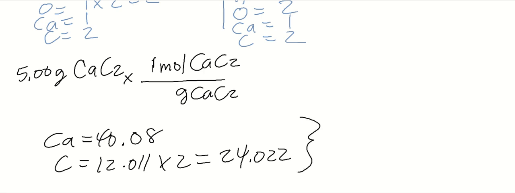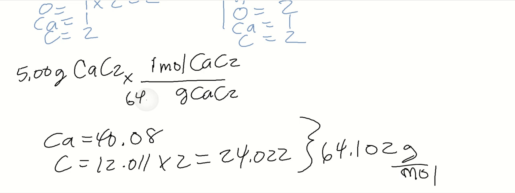Let's add them up. 64.102 grams per mole is the molar mass for calcium carbide. All right, let's put that 64.102 next to where we see grams. This is a conversion factor, so it's got to be equivalent. Cancel these units out as we go.